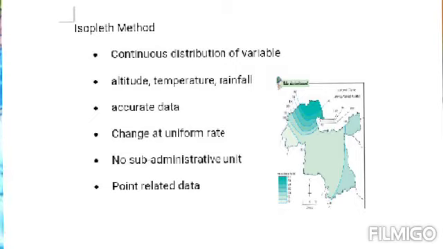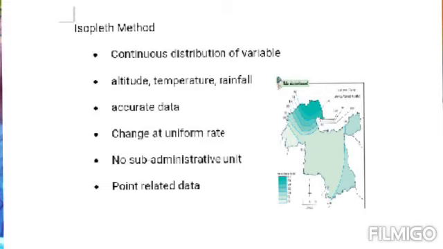Now in dot method we had two sub-administrative units. In choropleth method we have only one sub-administrative unit. In isopleth method we have no sub-administrative units. Right? This is the difference. Here the data belongs to places.